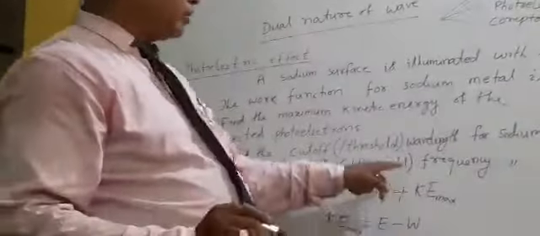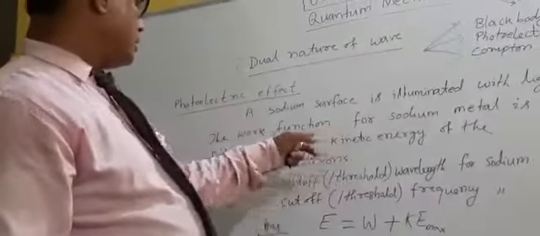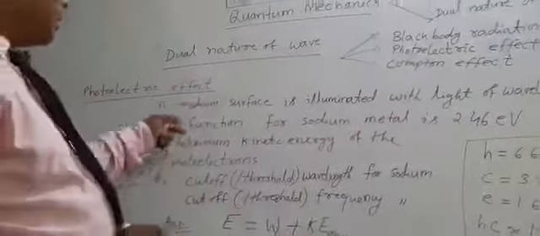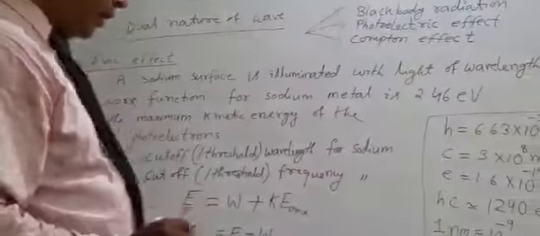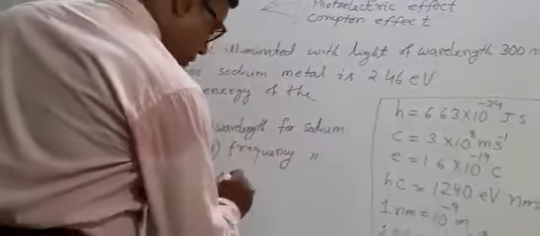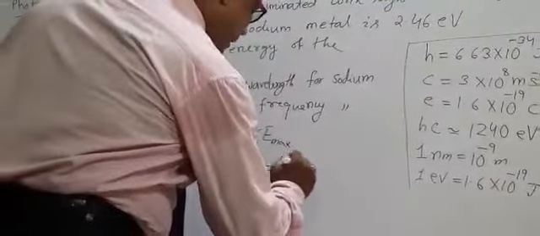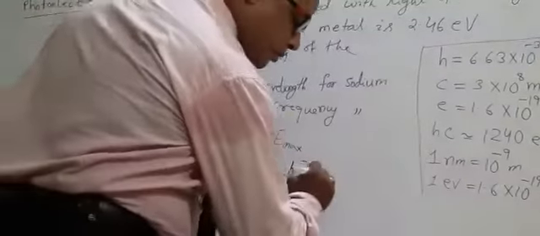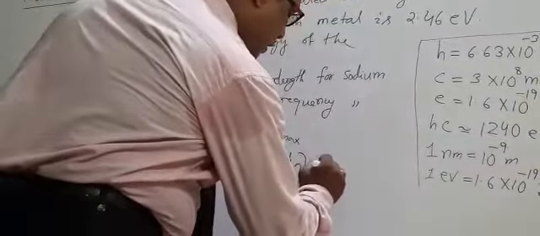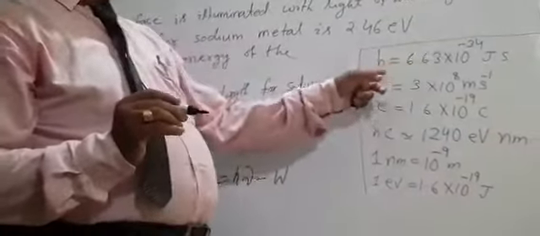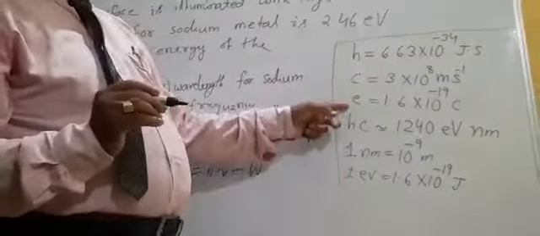E minus W. And what are the given values? The work function is given as 2.46 electron volt and the wavelength is given as 300 nanometer. So you can find the energy as h nu minus W. W is given. h is the Planck's constant, c is the speed of light, these are constant values.